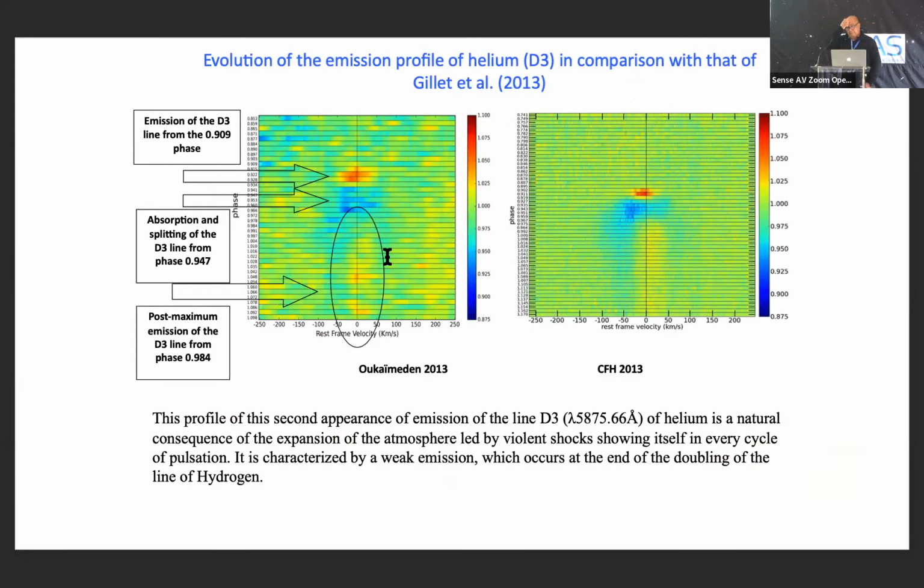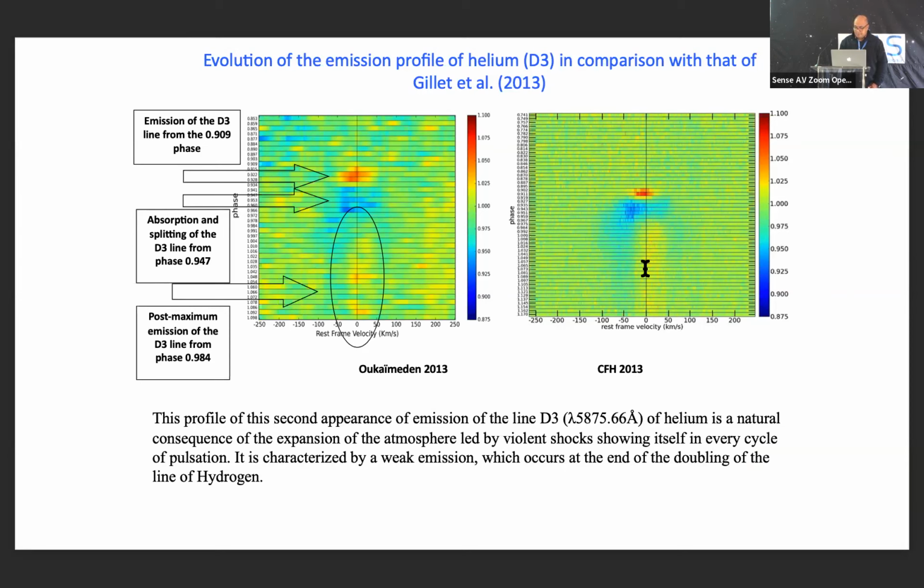In this graph, you can see the difference between two telescopes: one at Oukaïmeden Observatory, only 40-inch, and on the right, Hawaii with a 3.5 meter. Here we can observe the second emission, and on the right, Gillet can't observe this second emission.